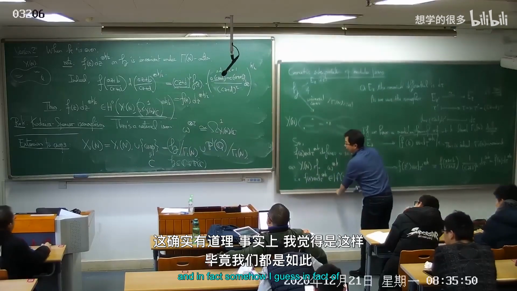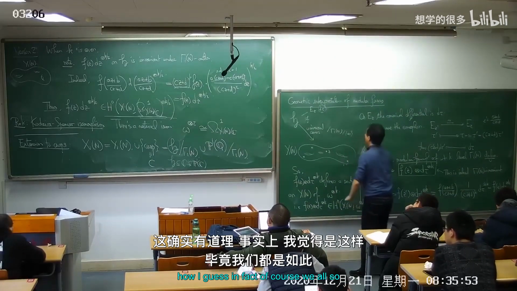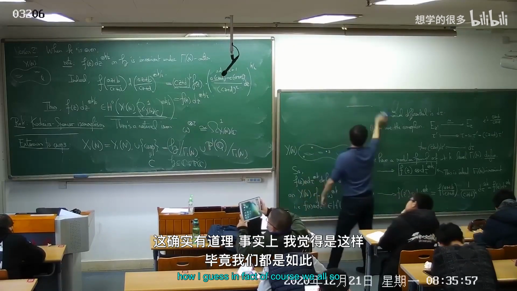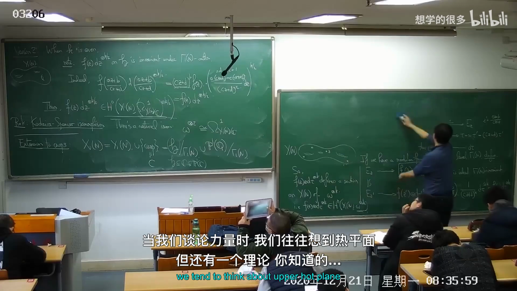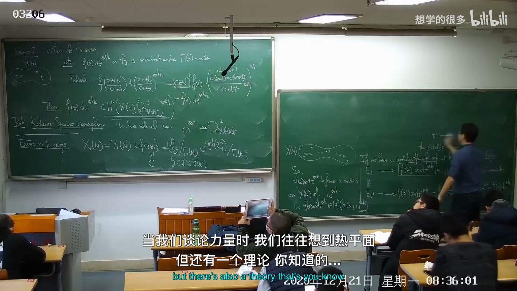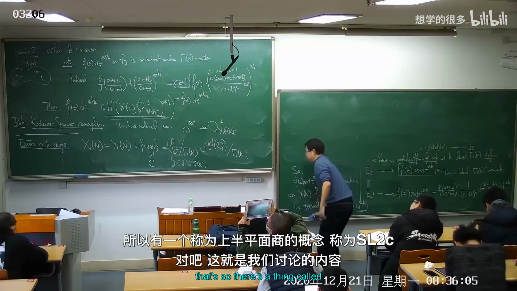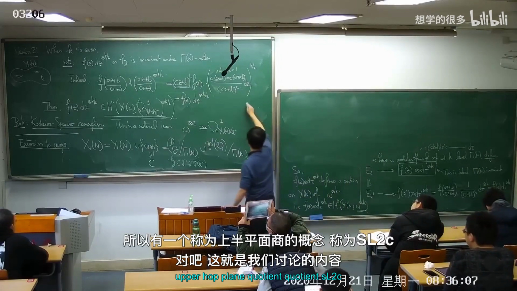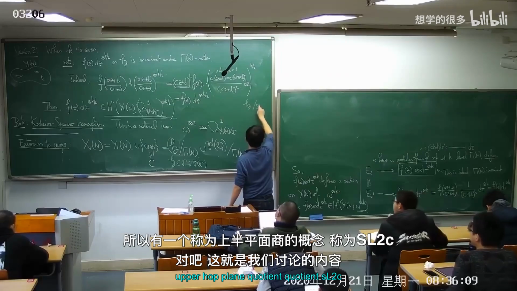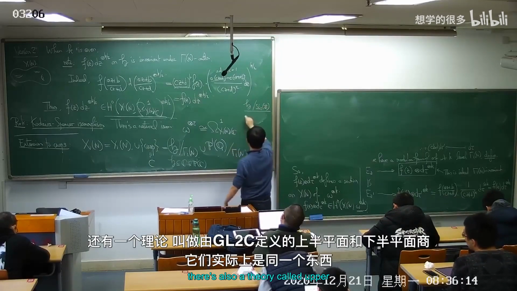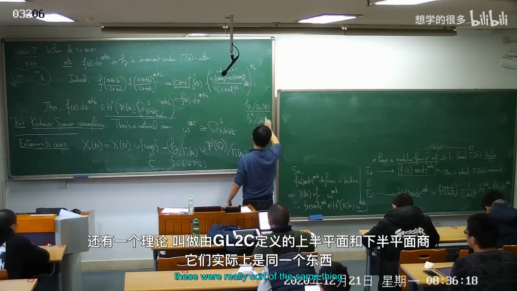And of course, when we talk about modular forms, we tend to think about the upper half plane. There's a thing called the upper half plane quotient by SL2(Z), right? That's what we're mostly working with. But there's also a theory called the upper and lower half plane quotient by GL2(Z). These are really the same thing.